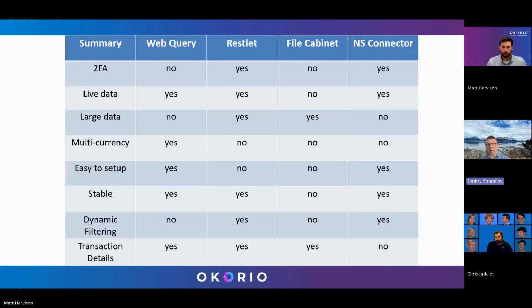In web query, you cannot have dynamic filtering set so that you can pass any time frame and only pull that time frame. With RESTlet API, you would be able to do this. Similar with NetSuite connector, you can pass a datetime parameter, and that's why you can handle pretty much any volume.